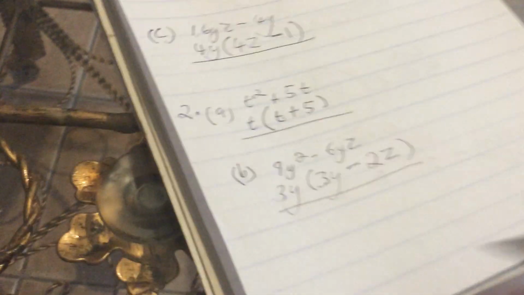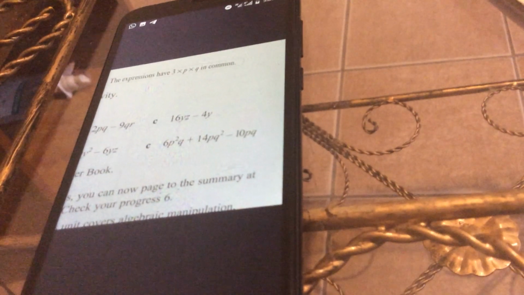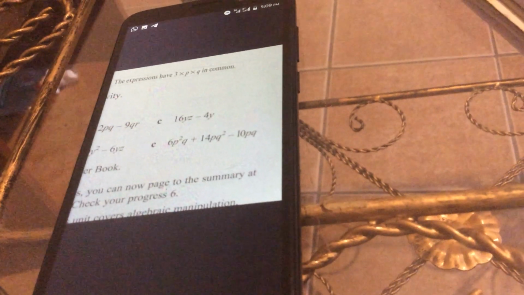Alright, let's move to question C, the last one in this tutorial. Question C is the longest one. As you can see, it has 6p squared q plus 14pq squared minus 10pq.